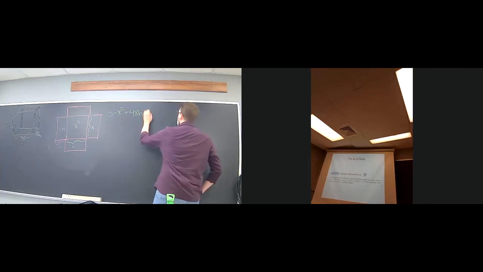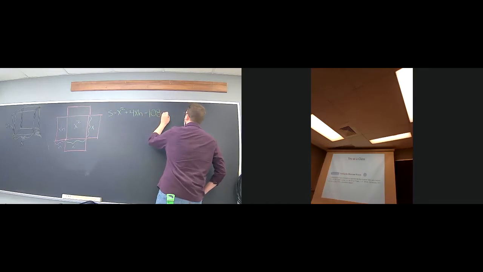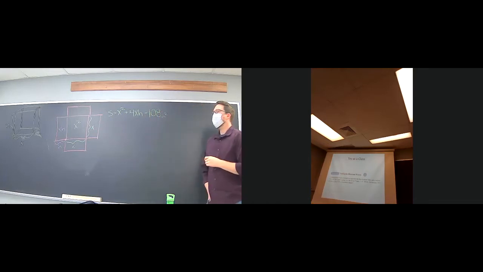So we know that the surface area is going to be equal to x squared plus 4xh, and this comes out to be 108 inches squared. Everybody agree with this?